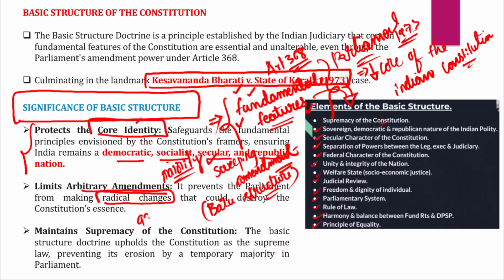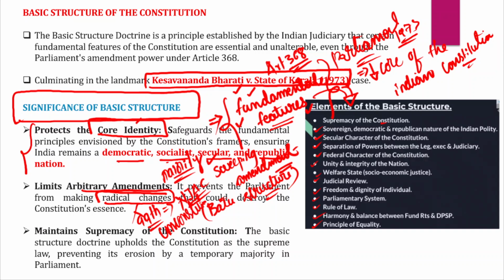For example, the 99th constitutional amendment was framed by the parliament. This 99th constitutional amendment provided for the National Judicial Appointments Commission. But the Supreme Court declared the 99th Constitutional Amendment Act unconstitutional, right?